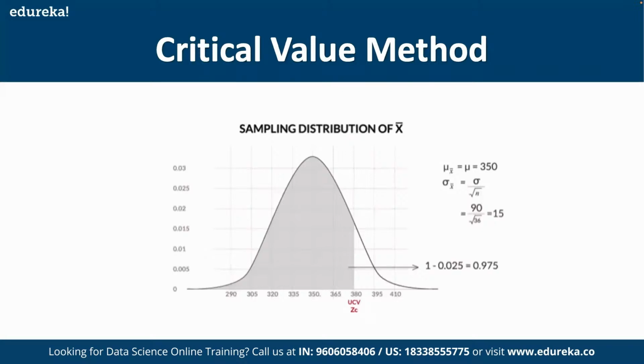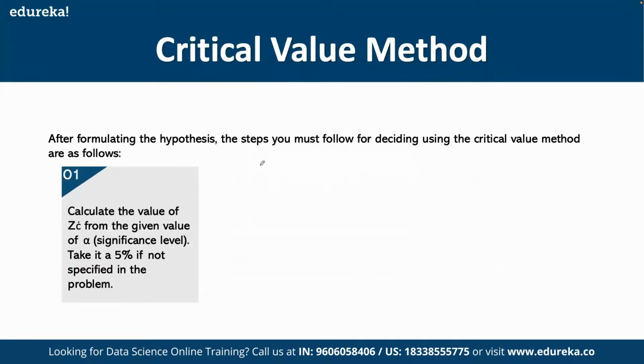Now, once we formulate the hypothesis, the steps that we generally take using this critical value method are, first, to calculate the value of Z from the given data set at a specific significance level, alpha. Let's say it can be 5%.